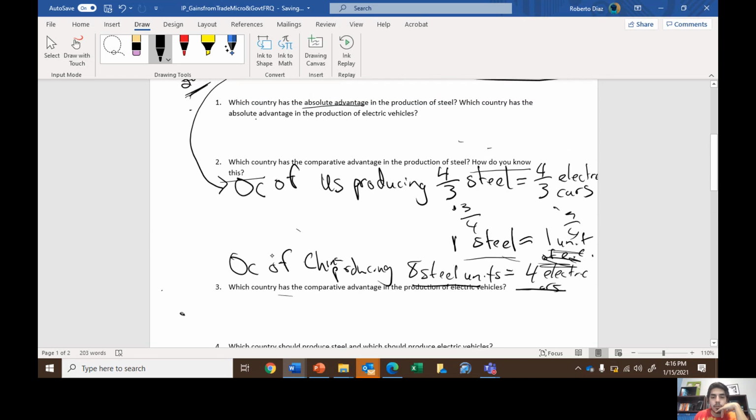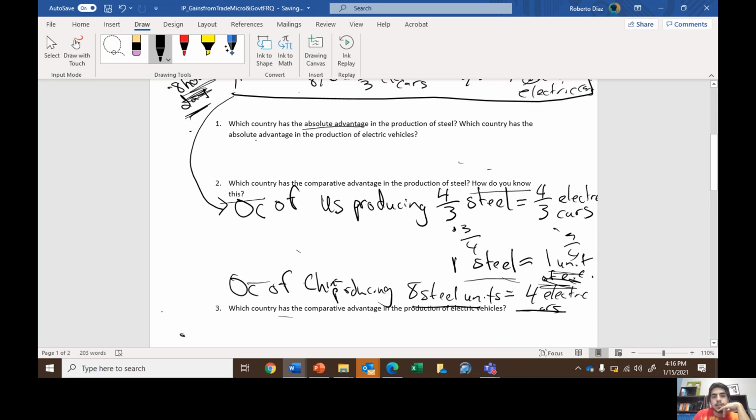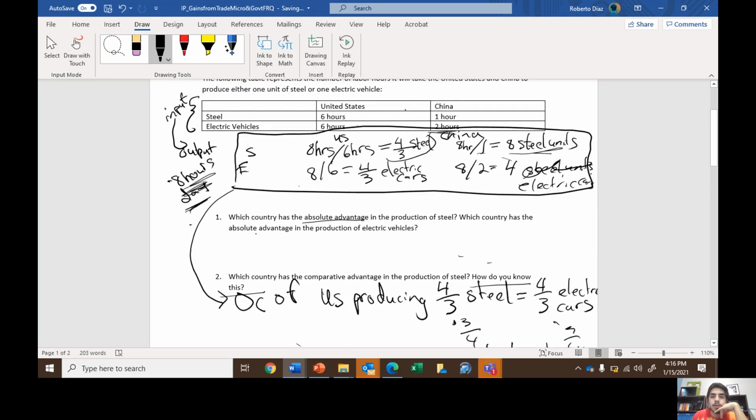So before I show you a different approach, I want to look at this output table, right? So we have 4/3 unit of steel. That's the max amount of steel that they can produce. 4/3 unit of electric cars, 8 steel units, and then 4 electric cars right here.